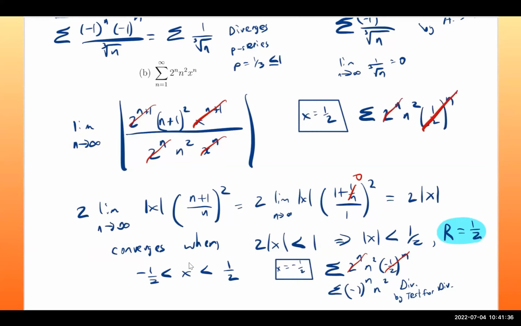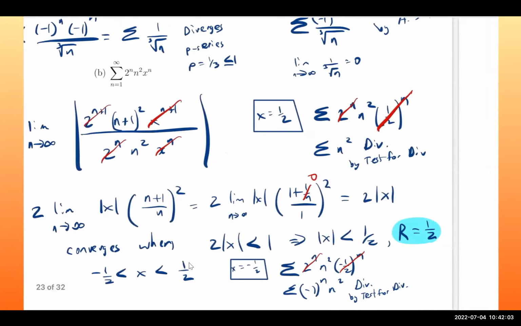These cancel out, and you're just left with the series of n squared, which is also divergent by the test for divergence, because the test for divergence says that if this limit does not equal 0, then it's divergent. So this limit clearly does not equal 0.